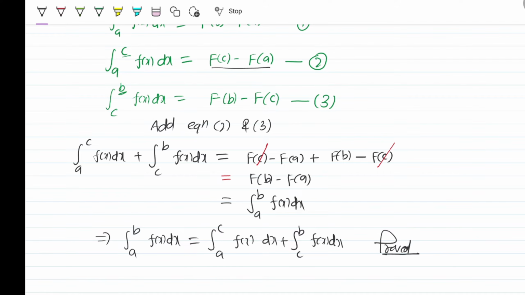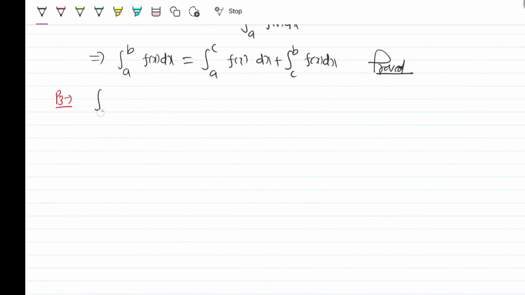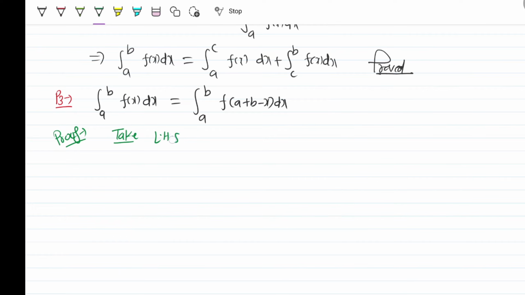Now let's see the next property: integral a to b f(x) dx equals integral a to b f(a plus b minus x) dx. Okay, so let's see the proof. Take the LHS, left hand side, integral a to b f(x) dx.